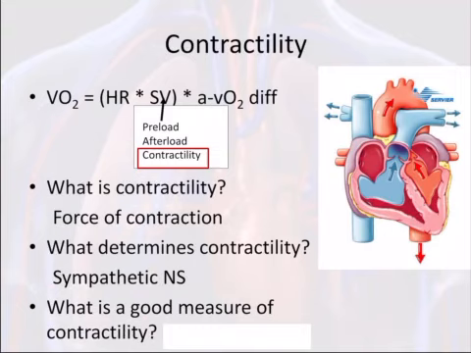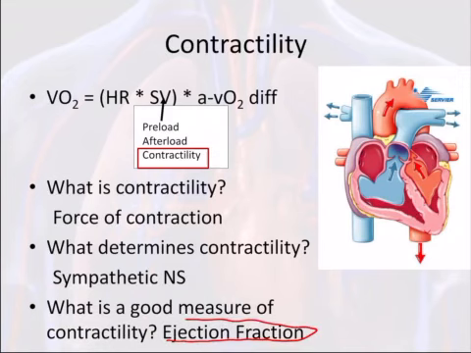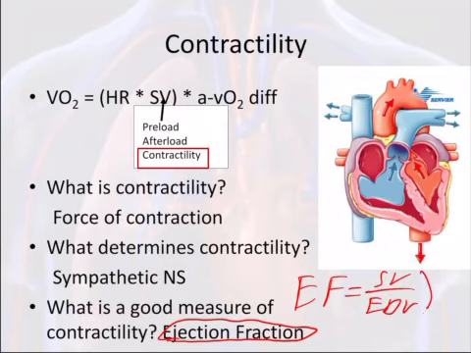But before we get to that, what we use to measure contractility, and I've already mentioned this before, is ejection fraction. So again, remember ejection fraction was the percentage of blood that comes out of the heart. So we calculate that by ejection fraction equals stroke volume divided by EDV, and then we times that by 100 to turn this into a percentage.